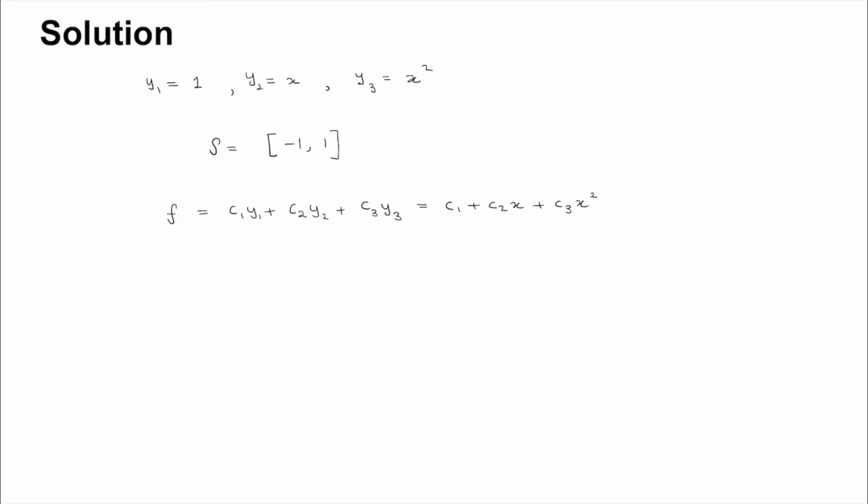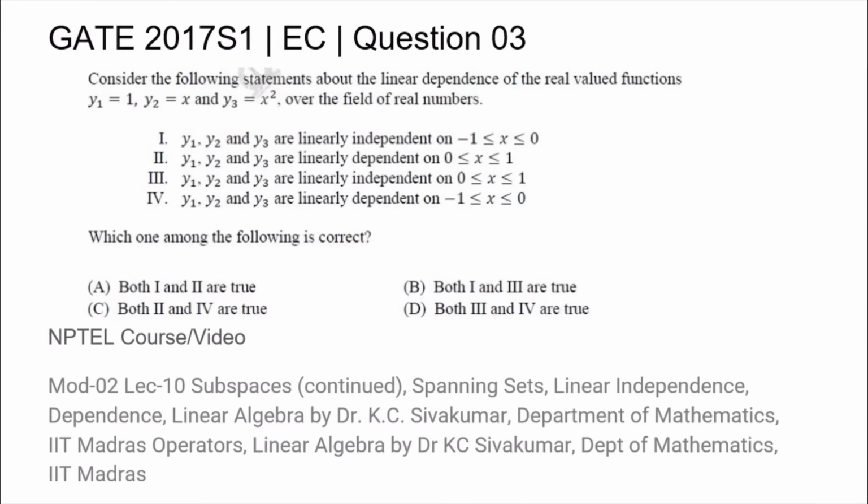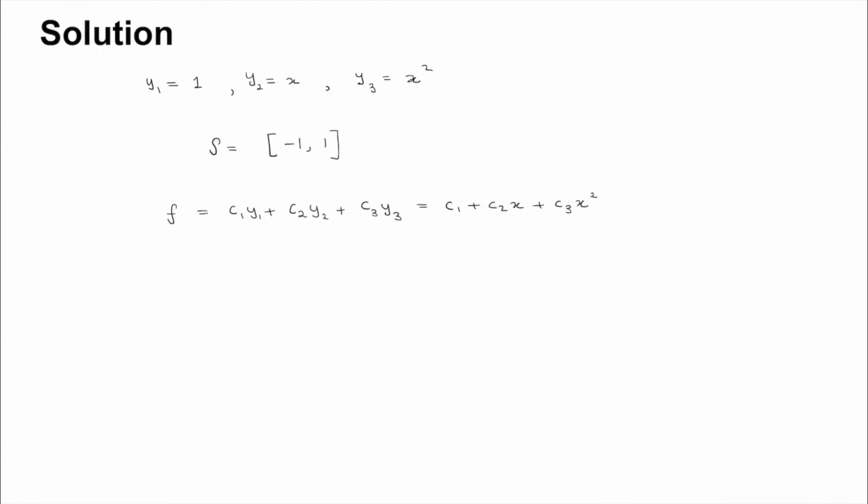And why am I interested in that? Because they are the 2 options, which is option 1, the set of -1, 0 and the interval 0, 1. Basically the idea is that 1 and 3 are true, and I'm going to prove it in a single shot by taking S as -1, 1.